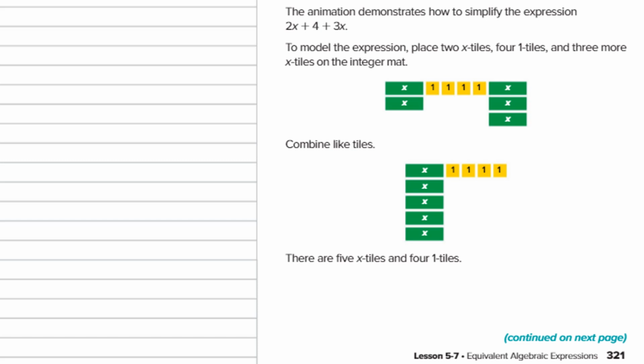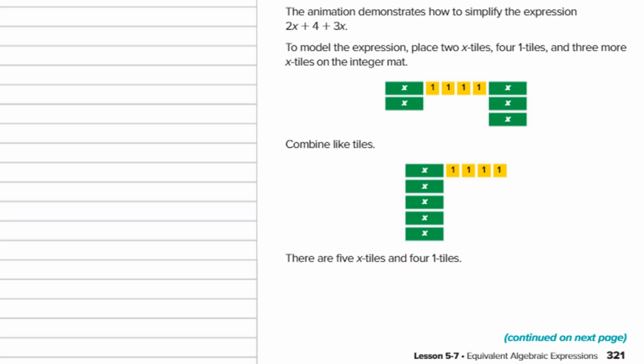So when I combine like terms, it's important that we follow those steps. So notice in this example, we have 2 x's, we have 4, and then we have 3 x's. And they're showing you in these tiles that if I shift and put all of the green tiles together, because they are all x, then I can add them together.